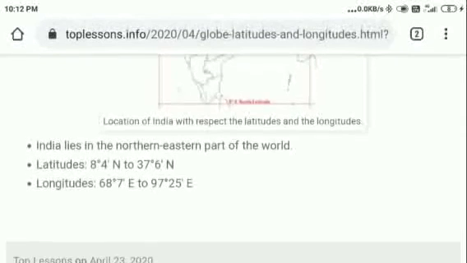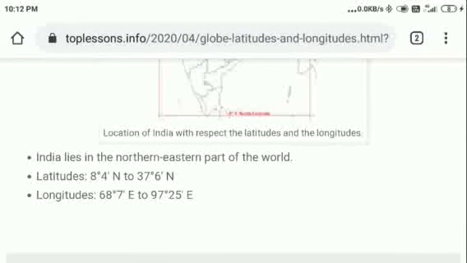So by the symbol itself you can understand we are part of the northern hemisphere and eastern hemisphere. So our country is found in the northern eastern hemisphere. That is how we can find out the location of any place by using these latitudes and longitudes. So these are the values of latitude and longitude for our country.